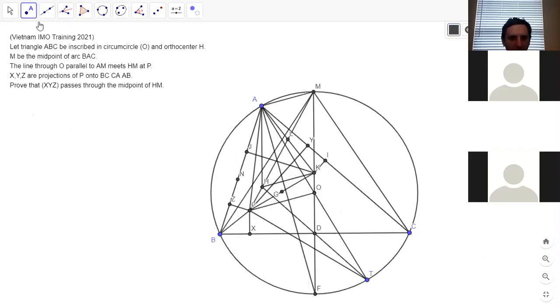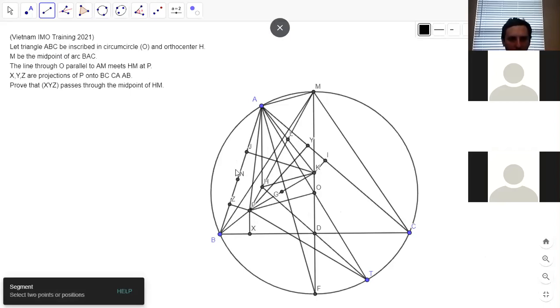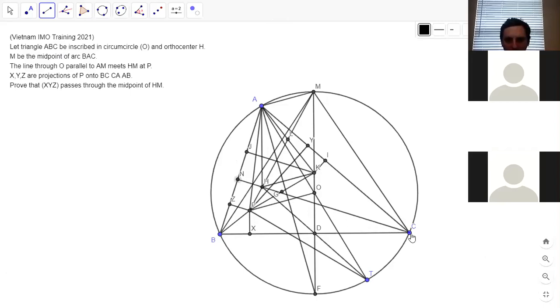So noticing that we have ALP is similar to APT, right? And we also have AHN is similar to ATC, right? So did you say ALP is similar to AHC? I'm saying AHN and ATC.